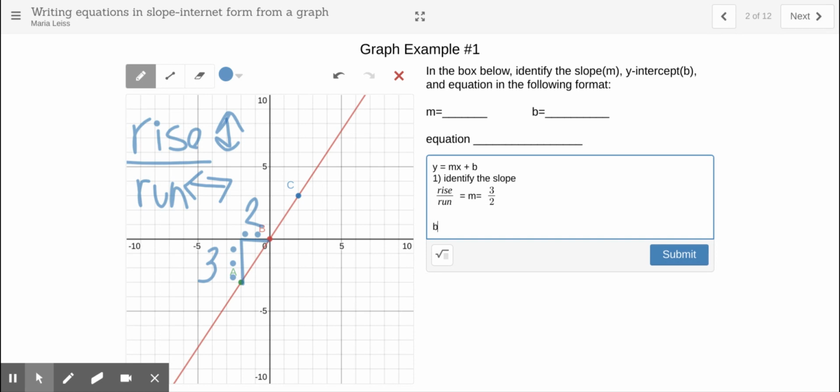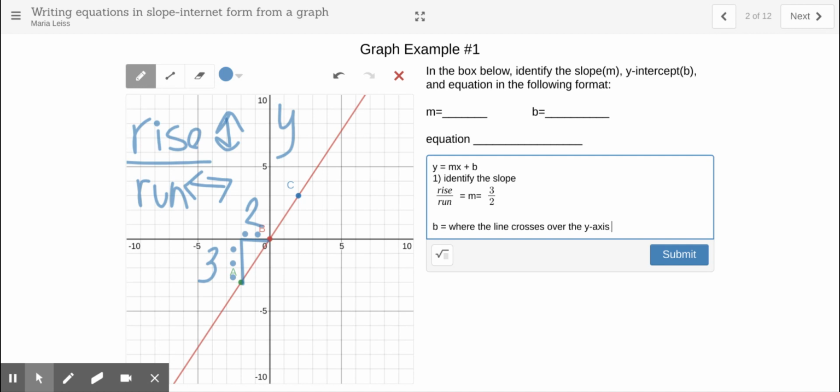Now I need to identify a y-intercept. The y-intercept on the graph is where the line that's graphed crosses over the y-axis. That's referred to as point B. So the y-axis is the axis that goes up and down. I'm just going to have to use my finger.